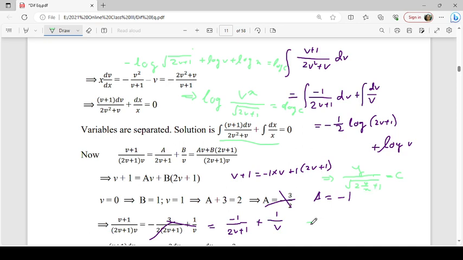Or we can further simplify this, it is y is equal to c into root over 2y plus x divided by x. So this is the solution of the equation.